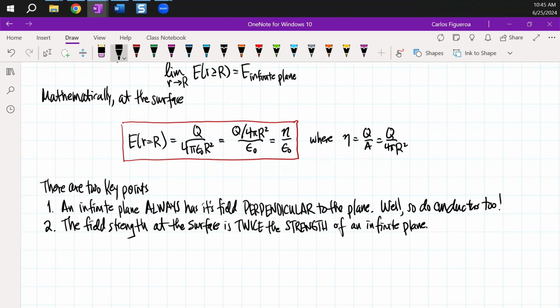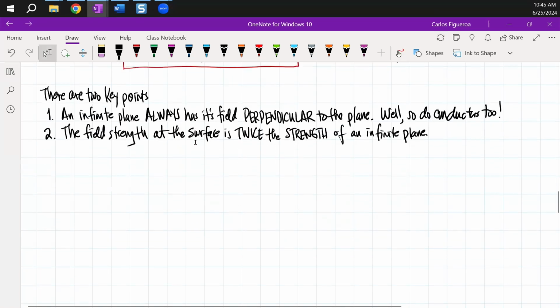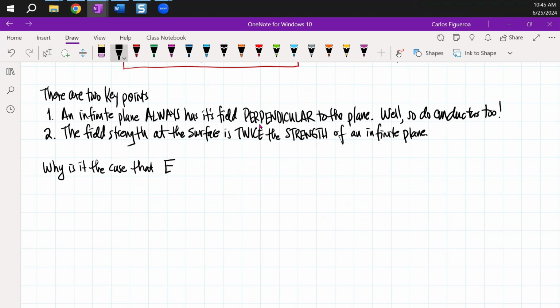So then the question is, why is this the case? Why is it that the E field of a conducting sphere at the surface is equal to twice that of the field of an infinite plane?